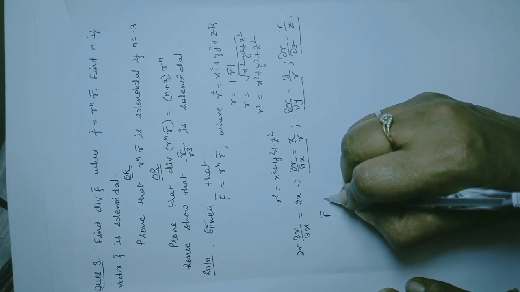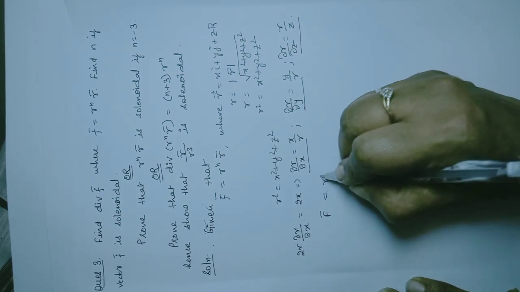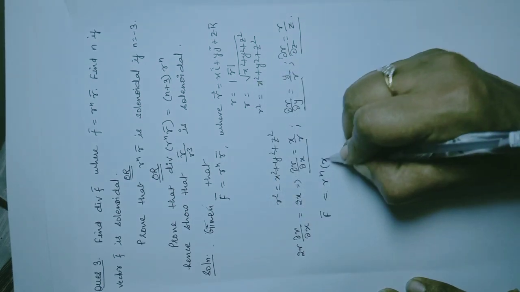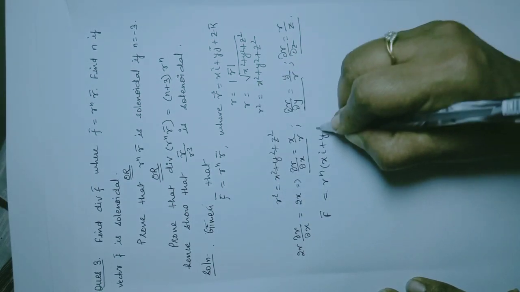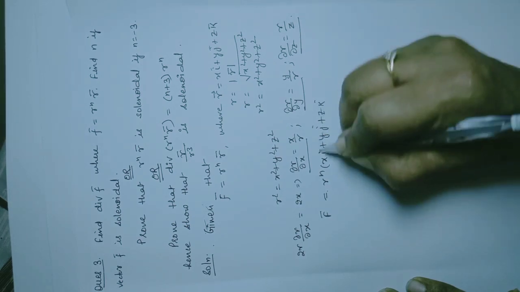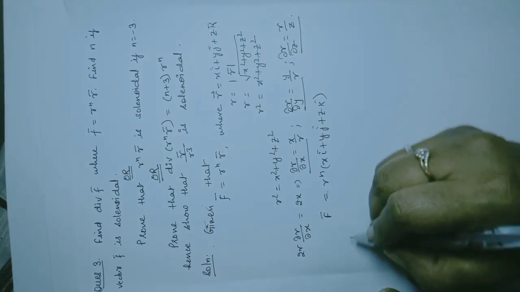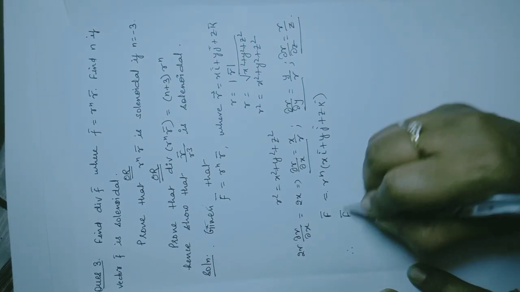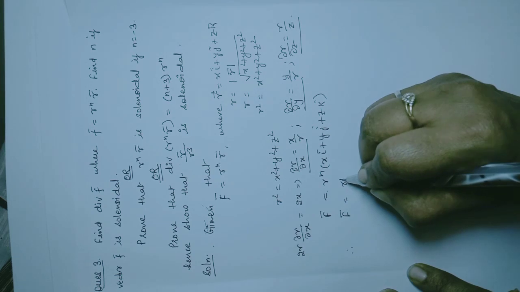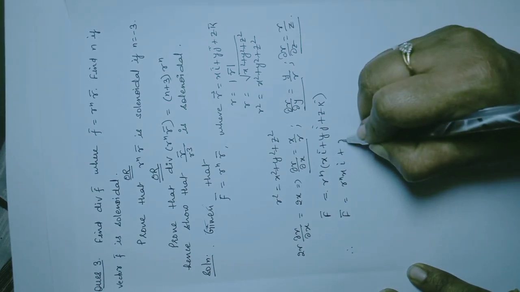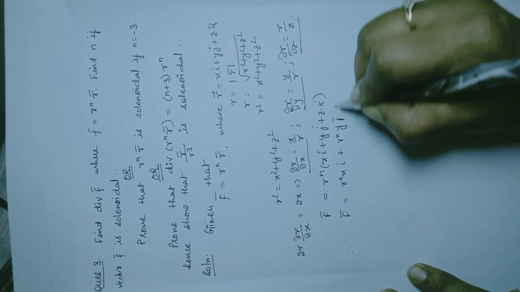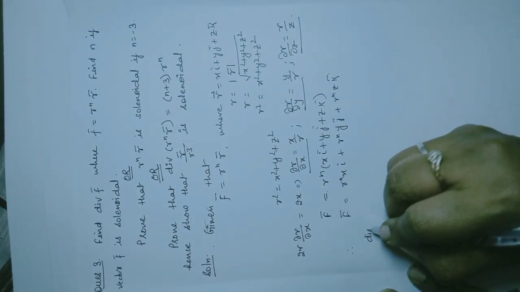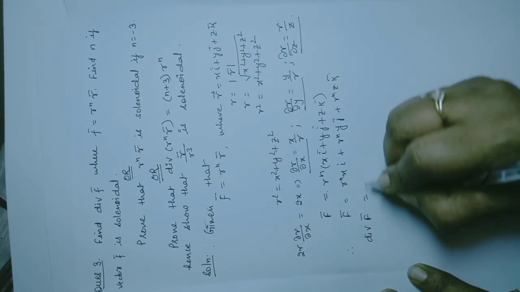So f is equal to Rⁿ r. Let's substitute the value of vector r, which is xi + yj + zk. Therefore you can also write it as... Now what will be the value of divergence f?